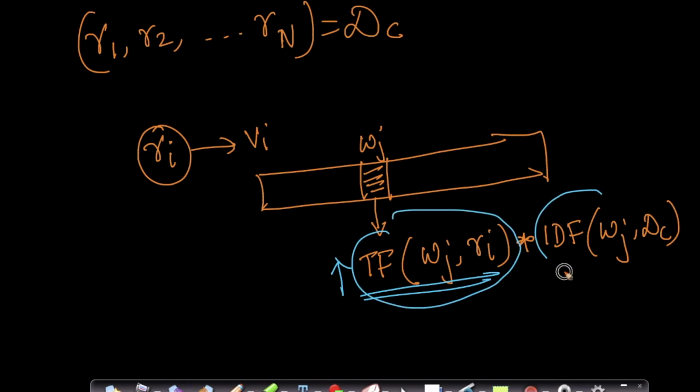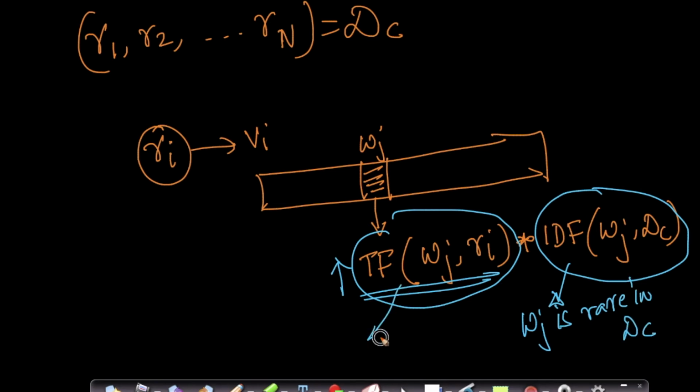When will this value be higher? This value will be higher if Wj is rare in my document corpus. This value will also be higher if Wj is frequent in my review Ri.